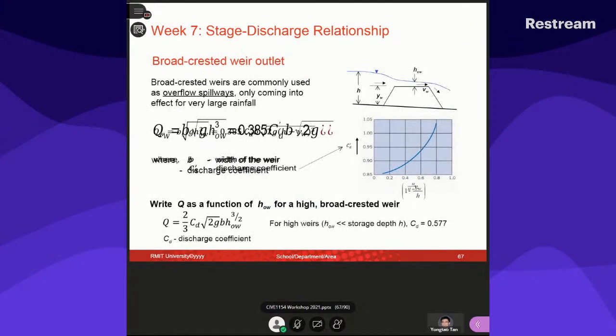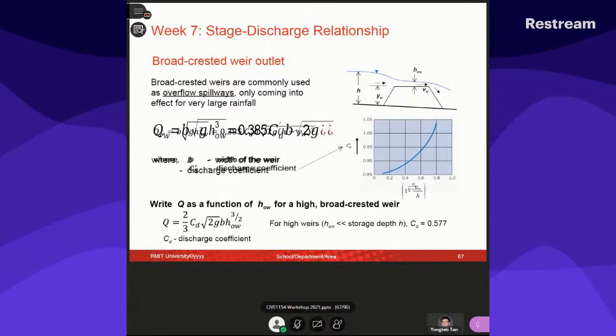But how to calculate that? I don't know why it cannot show correctly here. Let me check, maybe I show you another one, the PDF version.